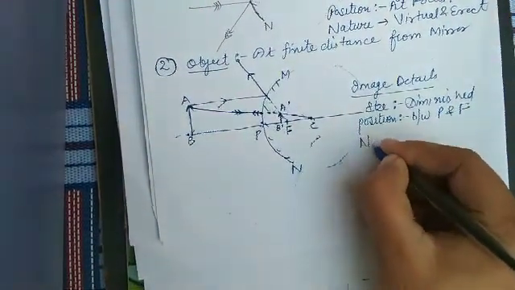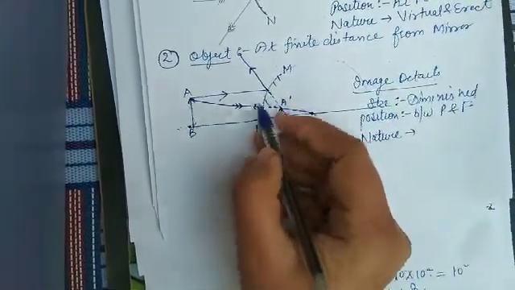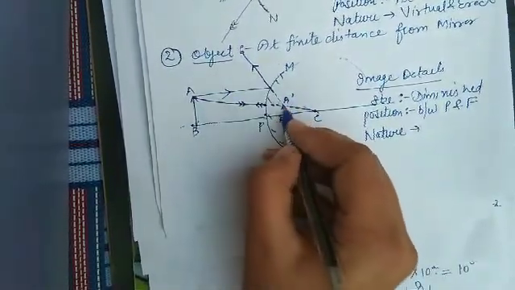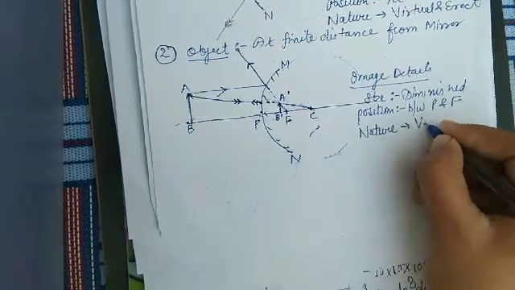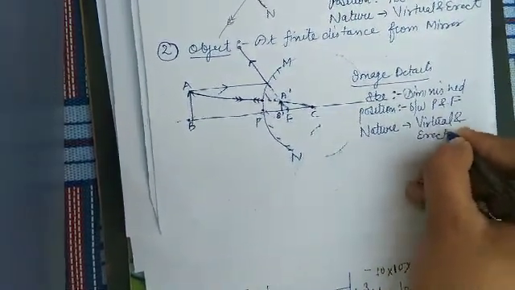The rays are not actually meeting at this position, they appear to meet. It means nature is virtual and erect.